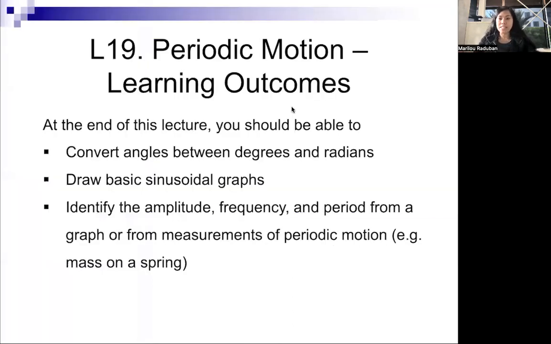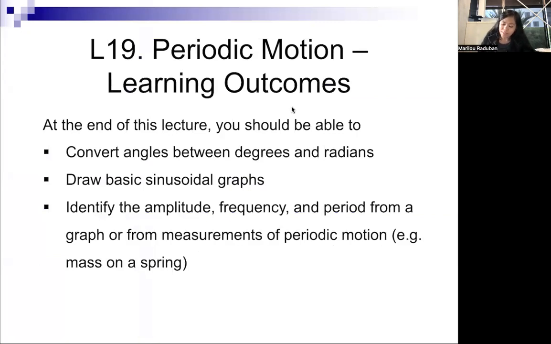So in this lecture, as I've mentioned earlier, we'll talk first about the basics that we need to understand waves. We will talk about what periodic motion is. It's not a very new concept, because you've already encountered periodic motion in lab 4 and in the most recent lab that you've done.